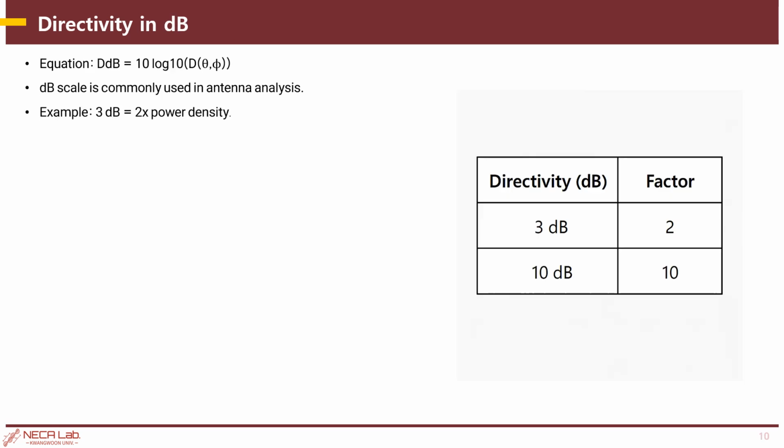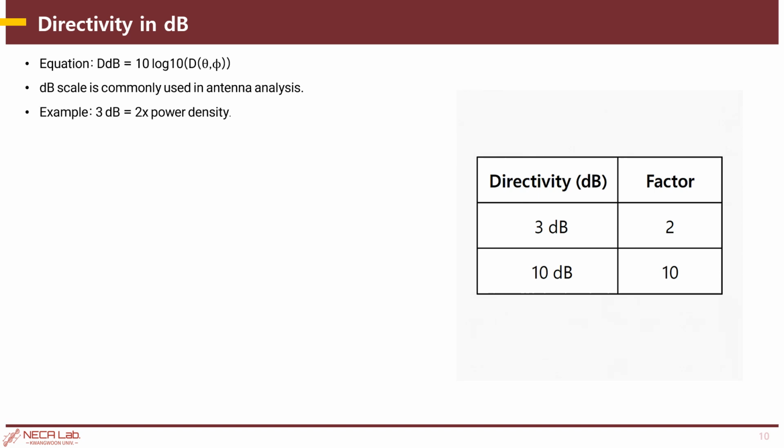Now let's talk about directivity in decibel, which is a commonly used scale in antenna analysis. Here the equation is the first equation. This converts the directivity value into decibels. The decibel scale is useful because it allows us to easily compare antenna performance, especially when dealing with large differences in directivity.